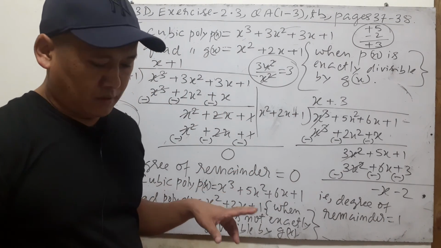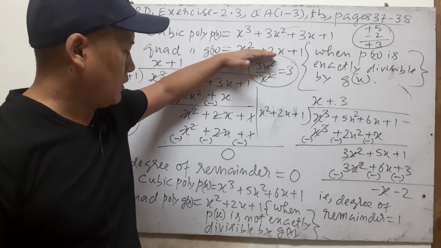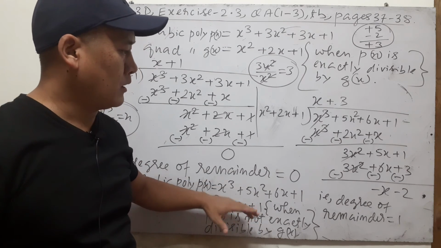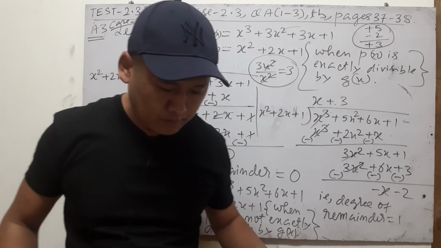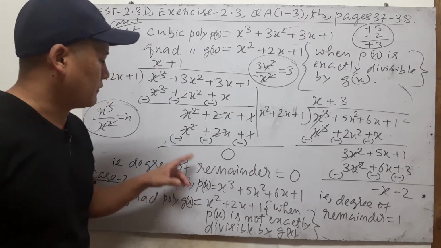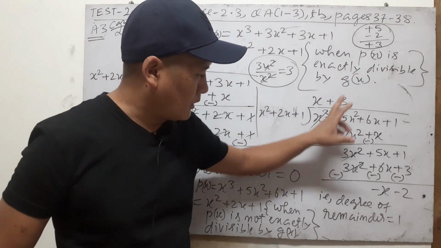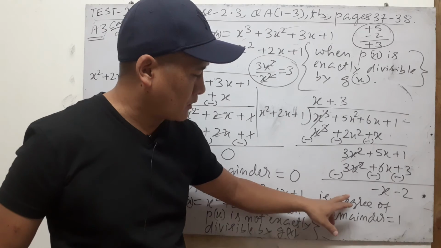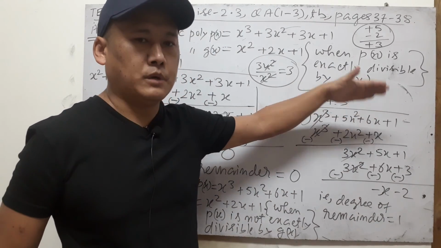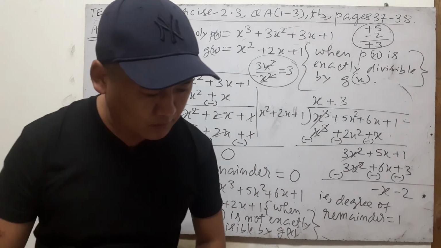The question is saying, when you divide a cubic polynomial by a quadratic polynomial, as you can see in both cases, what will be the degree of the remainder? The degree of the remainder in the first case was 0 when it was exactly divisible. When it is not exactly divisible, the degree of the remainder is 1 when you divide a cubic polynomial by a quadratic polynomial. So we can club these two conditions and search our answer.